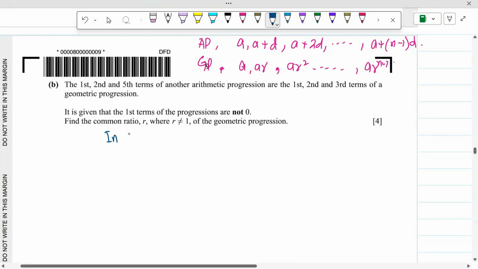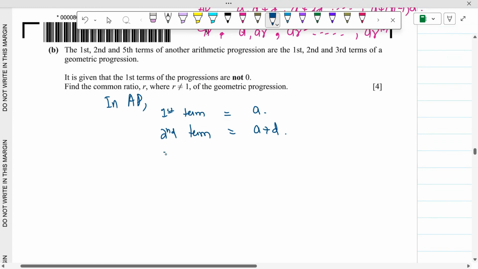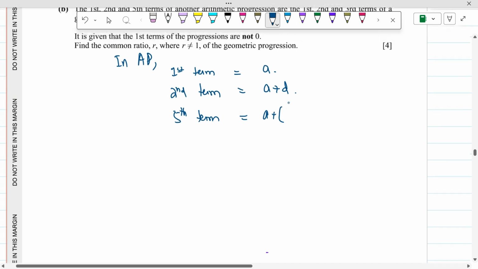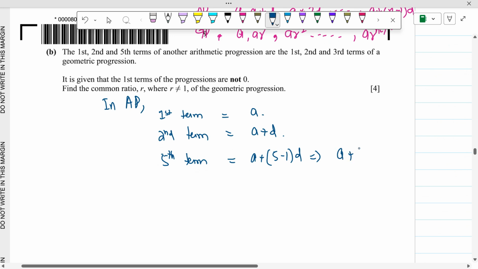In the arithmetic progression we have the first term a, the second term is a plus d, and the fifth term is a plus (5 minus 1) times d, or you can say a plus 4d.